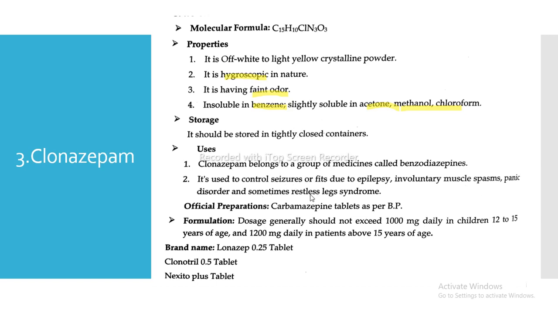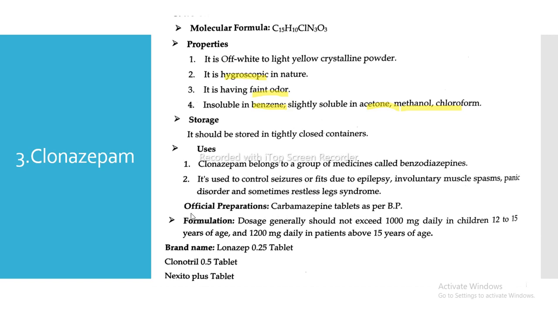Next is panic disorder, having fear of something, that is becoming panicked. Next, we have restless legs sometimes. It is caused due to age. As age increases, legs also pain, or from sitting too much or lying down too much.